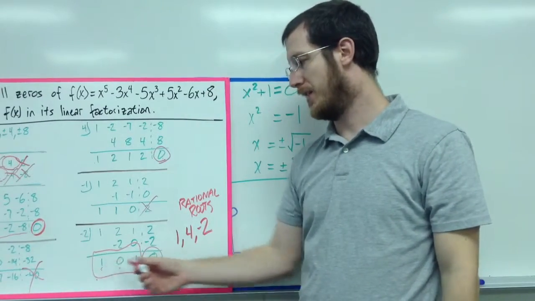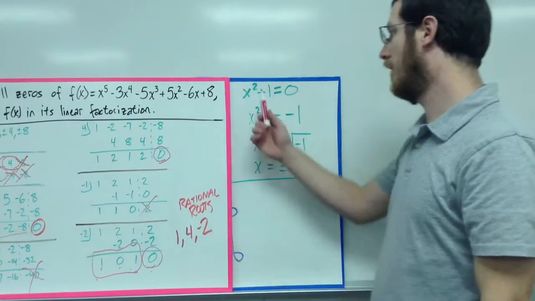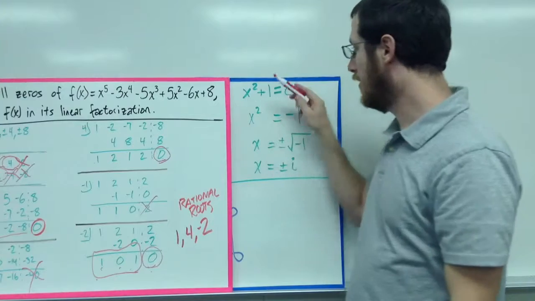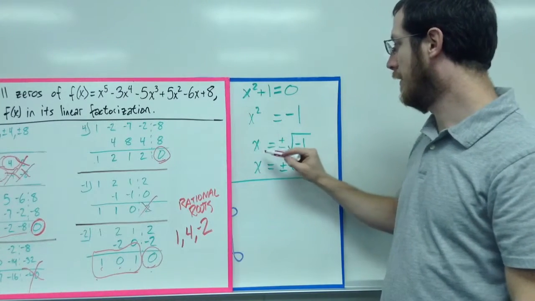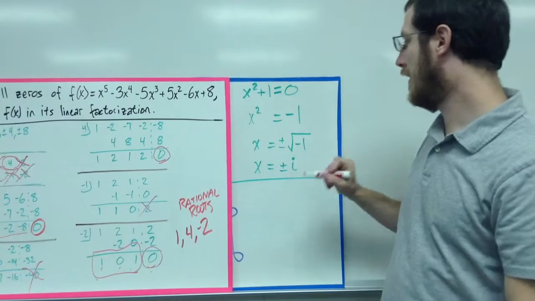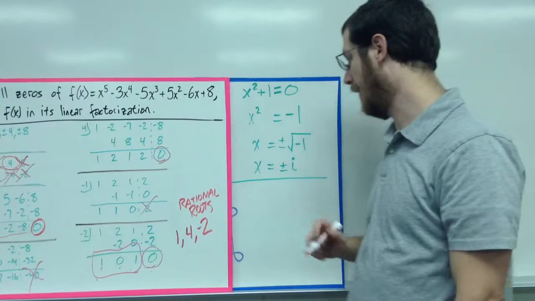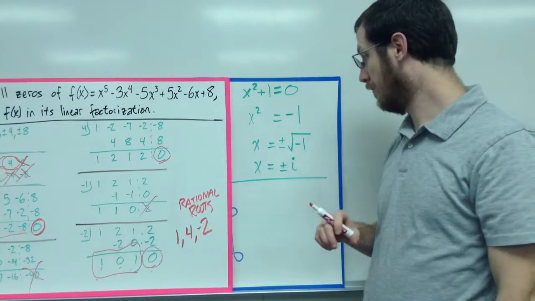Remember, whenever we get that synthetic down to 3 numbers, then we can go straight to our equation and solve for that quadratic. So solving for x, subtracting 1 on both sides, square root both sides, we get x is equal to positive or negative i. Okay, so those are our 2 complex roots.